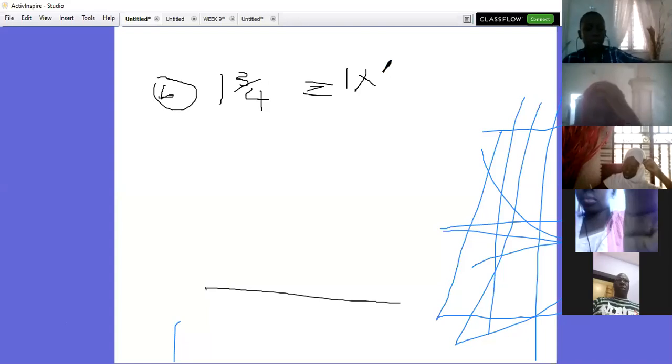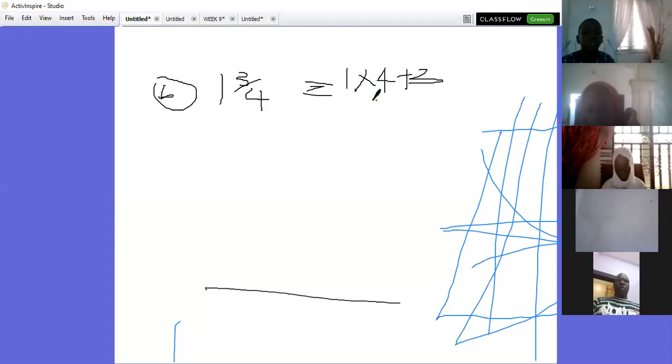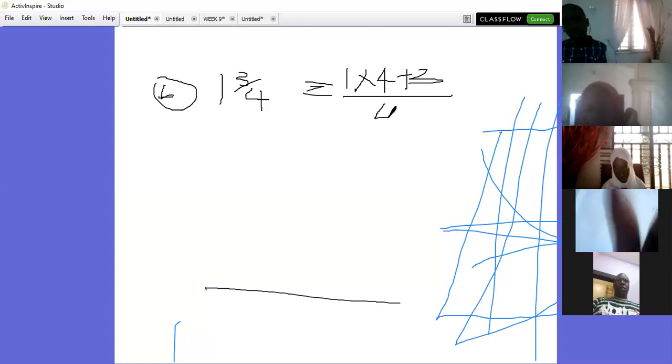By 4, okay. Then what do we do? Then add 3. Then what next? Then divide it by the denominator. And what's the denominator? 4. By 4, good.